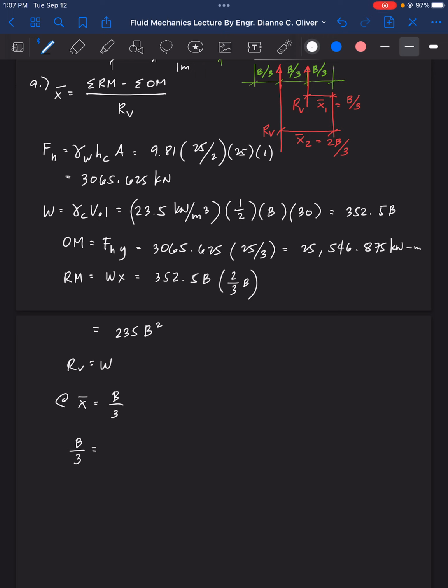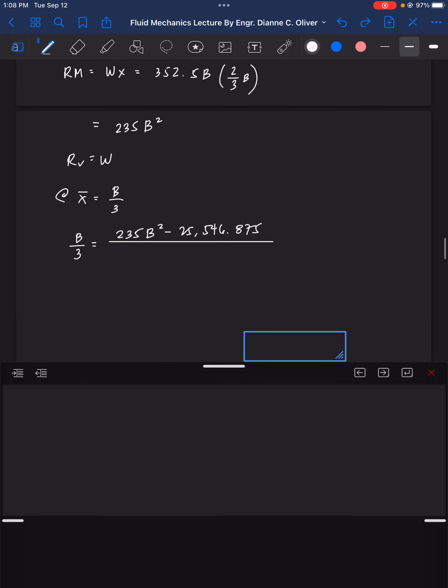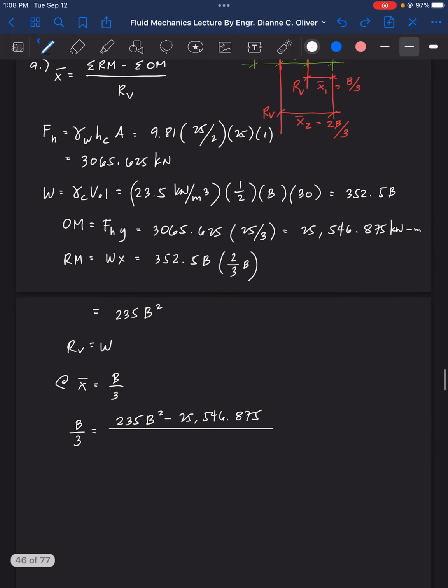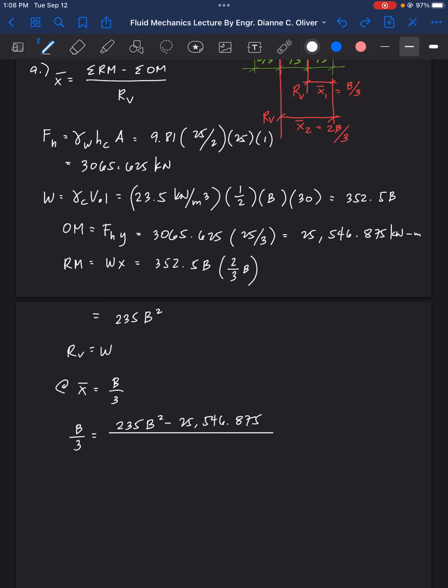So we have RM of 235 B squared minus the OM, which is 25,546.875, divided by the RB. So RB or W, which is 352.5 B.